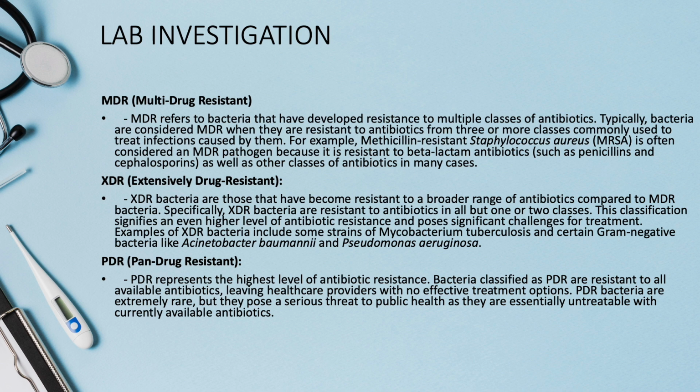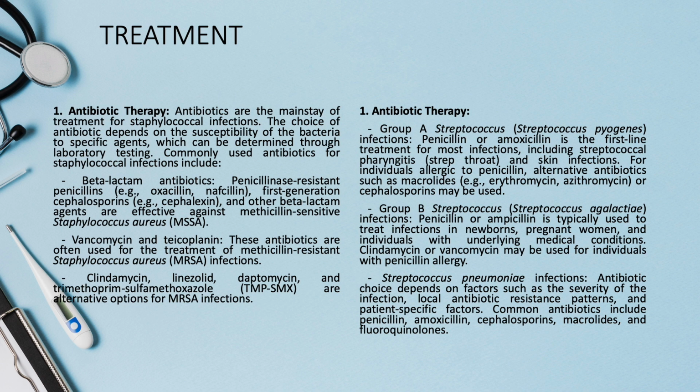In its chemical structure, it has a beta-lactam ring. And methicillin-resistant Staphylococcus aureus has a specific ability to produce an enzyme called beta-lactamase, which destroys the beta-lactam portion of the chemical structure of the antibiotic. As a result of this action, the antibiotic becomes useless.